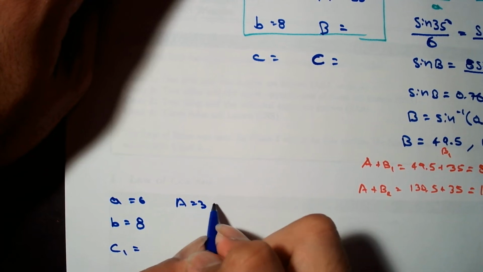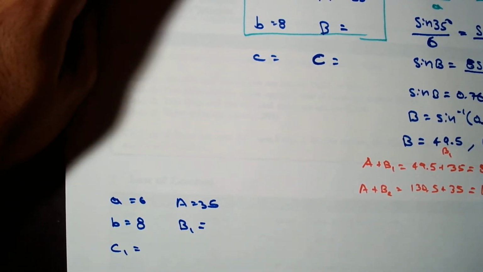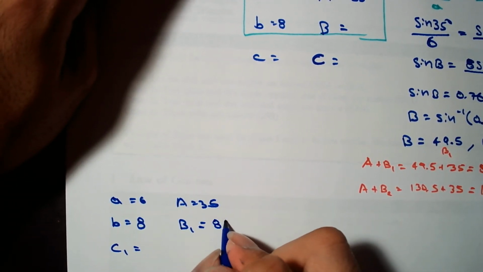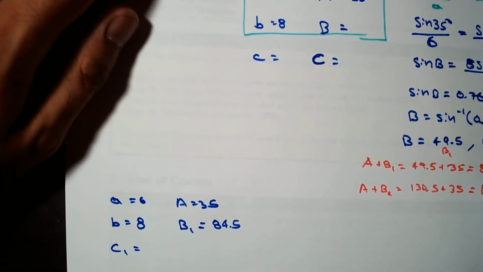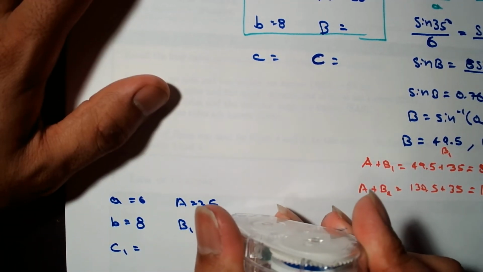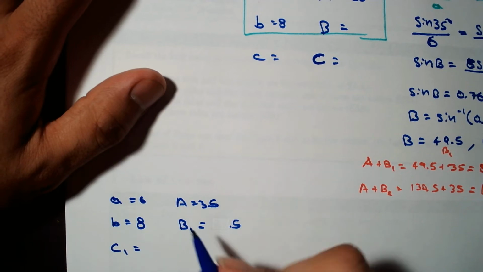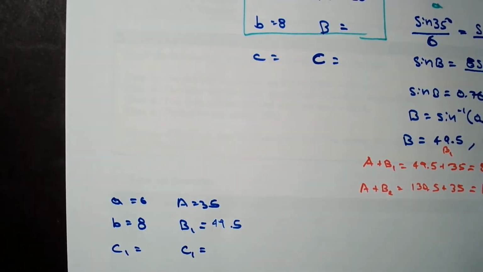A equals 35, big B1, which is 84.5, and no, not 84.5, it's 49.5, and C1, which is to be determined. All right, so C1 is to be determined.